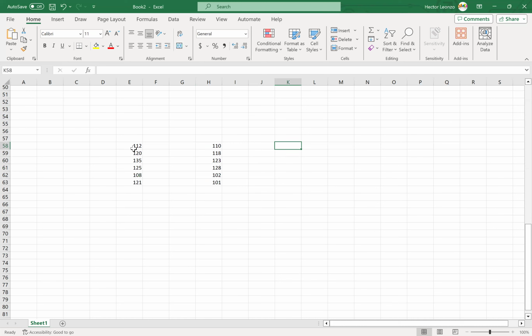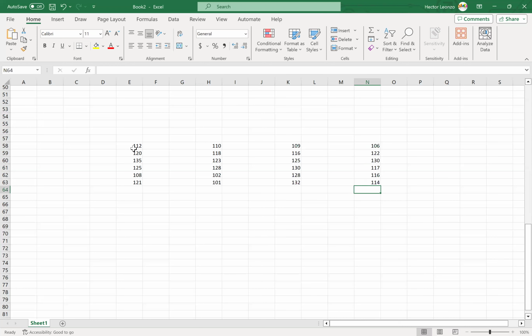Let me leave 2 spaces in between. Brand C, the calories were 109, 116, 125, 130, 128, and 132. We put 2 spaces in between. Brand D, the calories were 106, 122, 130, 117, 116, and 114.